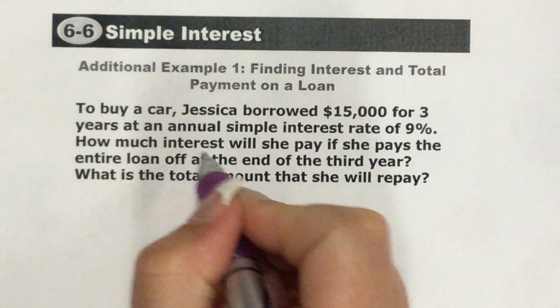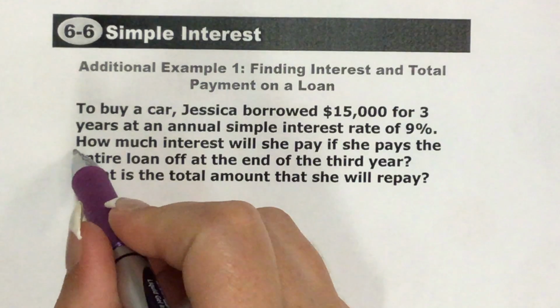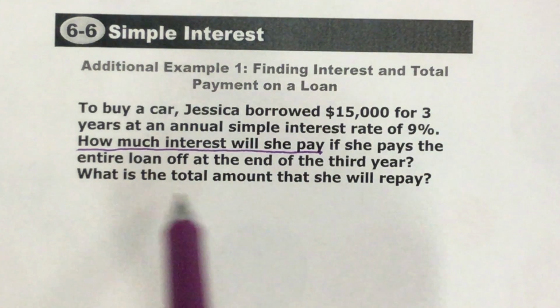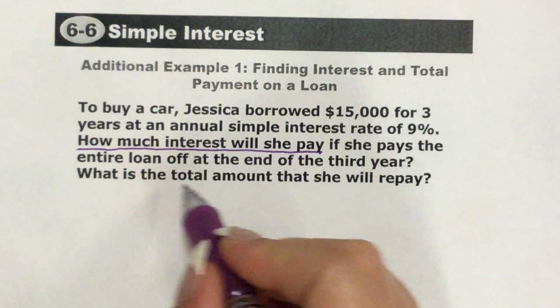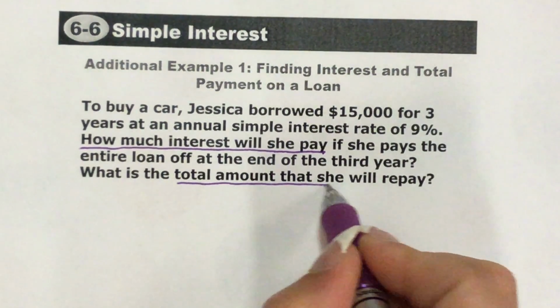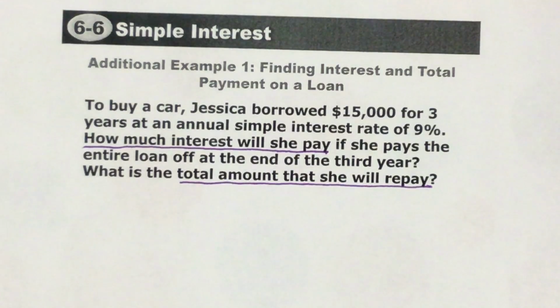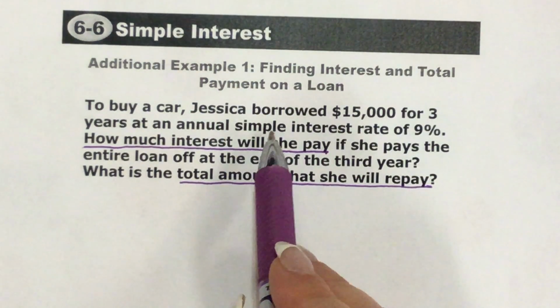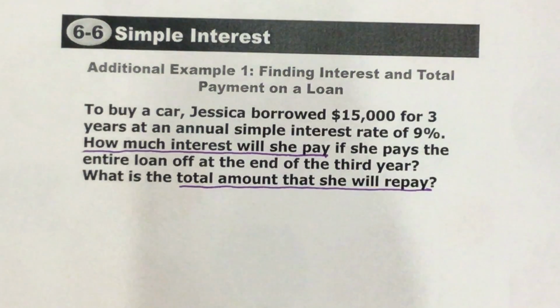So we need to determine how much interest will she pay. That's one thing. And then what is the total amount that she will repay? We have to figure out 2 things. So since we have to find the interest, it says simple interest, so we can use our simple interest formula.